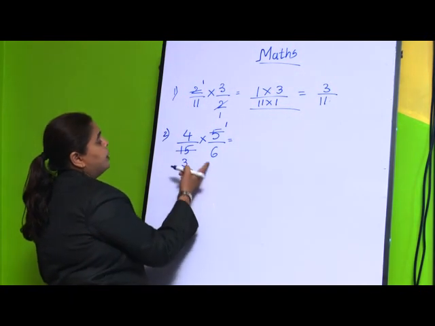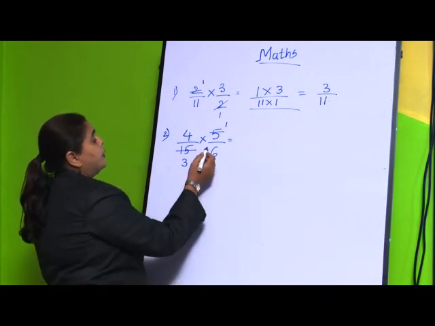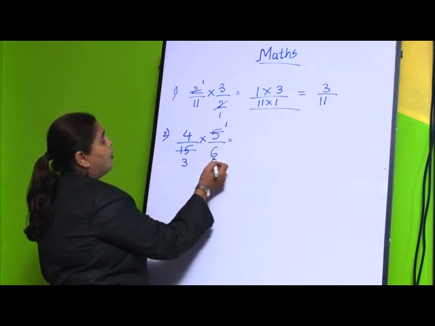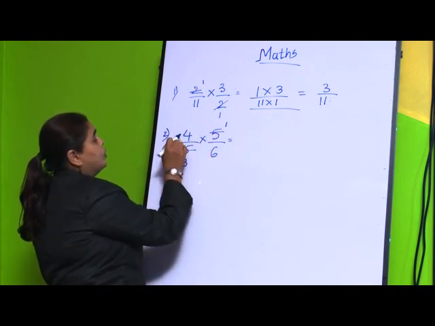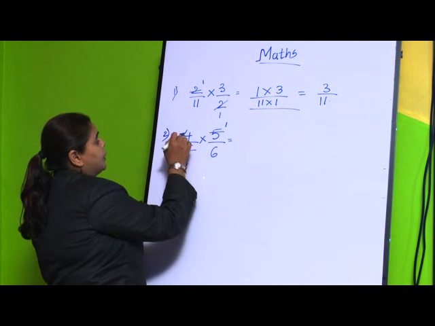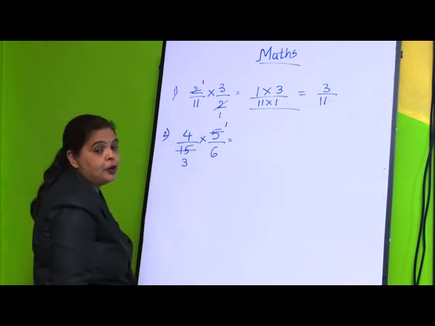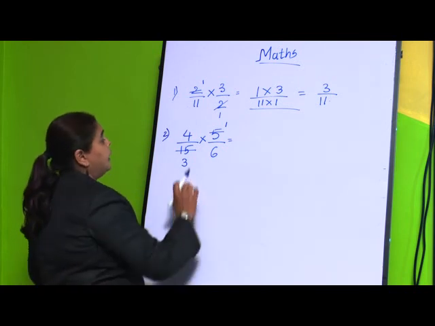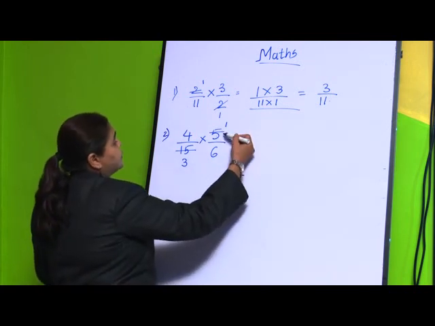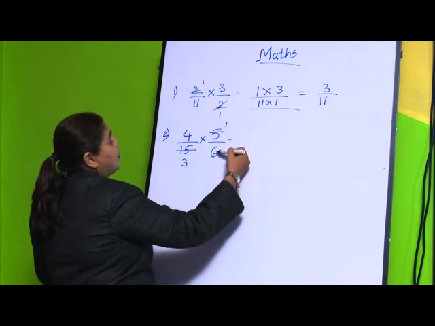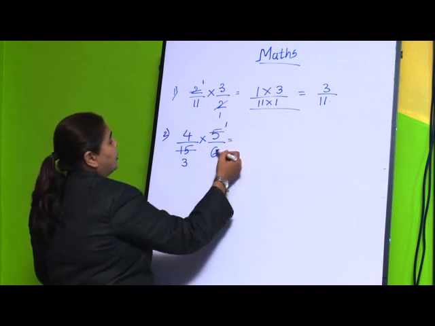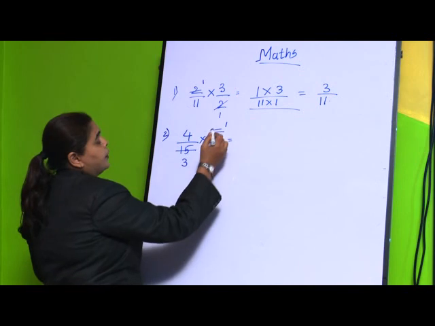Here also we have both even numbers. You have to reduce numerator to denominator. You can't reduce numerator and numerator. Listen properly: if it is possible, reduce numerator to denominator or denominator to numerator. Otherwise you can cross reduce.